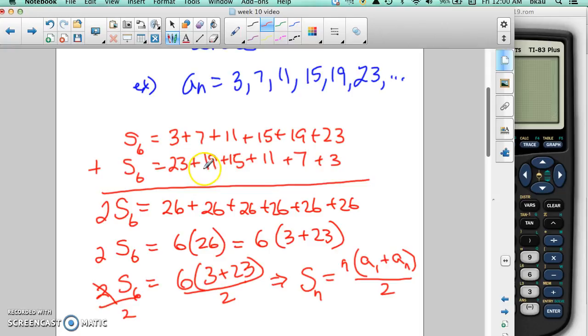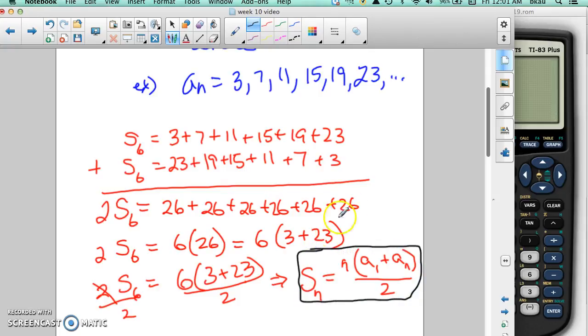We get a common number, which is the first and last terms added together. There are n of them, and we divide by 2 because we had 2 sums in this list. This is the formula I'm going to use for the sum of an arithmetic sequence.